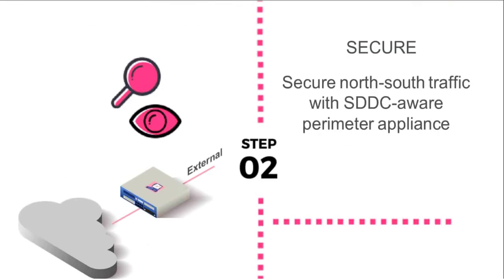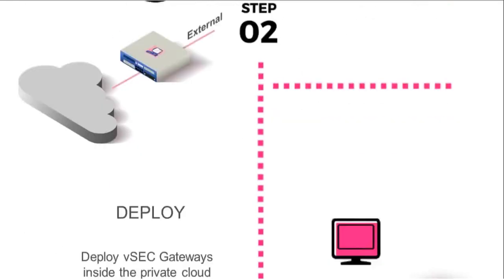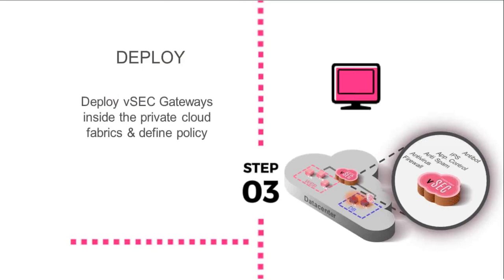With that integration, we then secure the north and southbound traffic with a software-defined data center aware perimeter appliance. As you already know, Check Point has a wide range of appliances suitable for any size of organization, from our small 600 appliance all the way up to our 61,000 chassis-based appliance. The third step is to deploy the VSEC gateway inside the private cloud fabric and define policy.